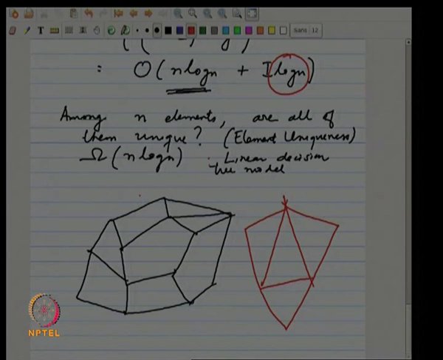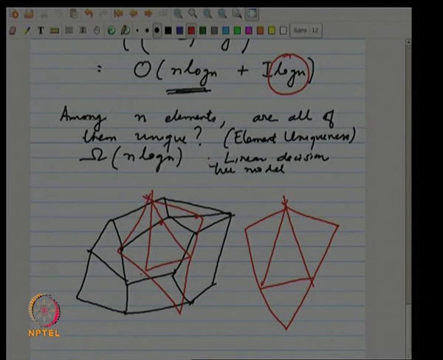So, I'll be doing something like this. The moment you need to compute any kind of overlay of such maps, that amounts to computing these intersection points. So, this can be solved using what we just discussed.